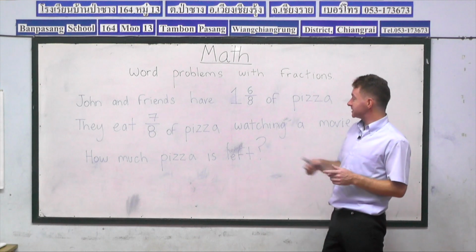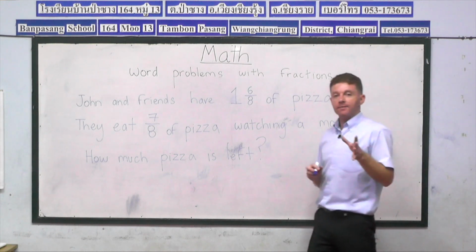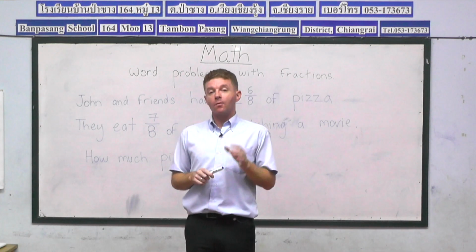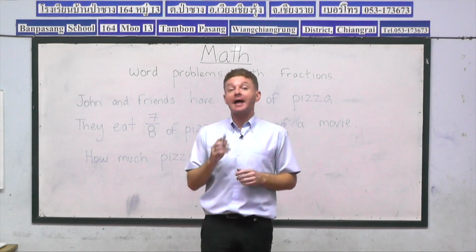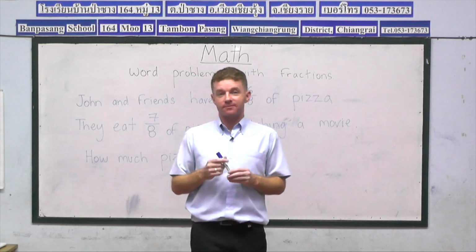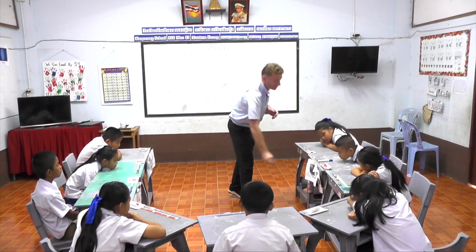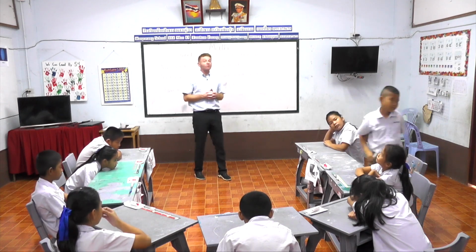How much pizza is left? Okay, so now we've correctly read our word problem. What I'm going to do now is invite a student to come forward and demonstrate how we can answer it. And the student will be Pangpon. So Pangpon, come and join me at the front of class.